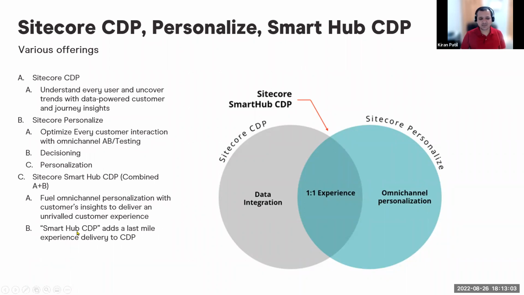This term, Smart Hub CDP, is not coined by Sitecore. It is provided by Gartner, and Gartner has particular rules that you cannot call your system Smart Hub CDP unless it meets some criteria. And Sitecore Smart Hub CDP already meets those criteria. That's why we can easily call it Smart Hub CDP. So that's a generic term, and Sitecore CDP and Personalize is implementing that term.